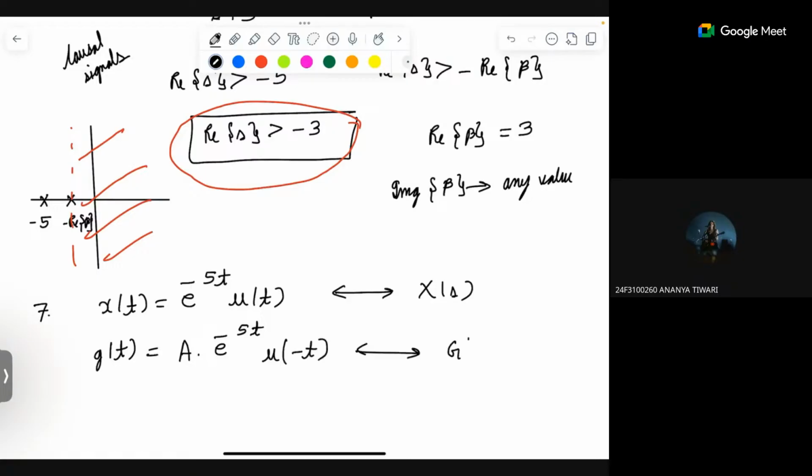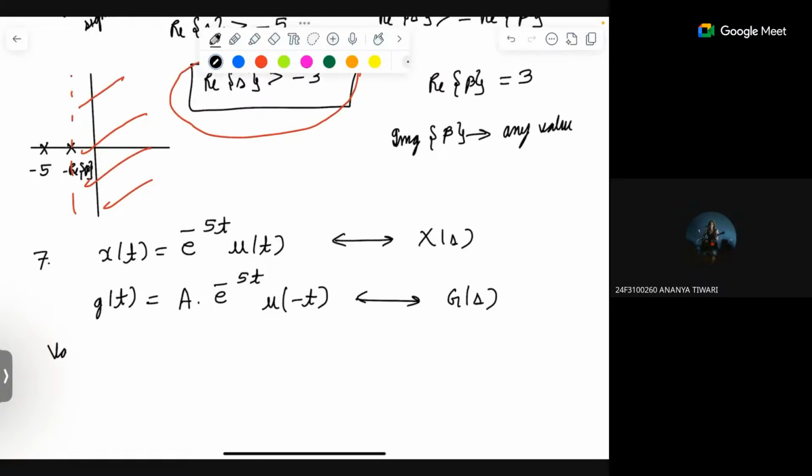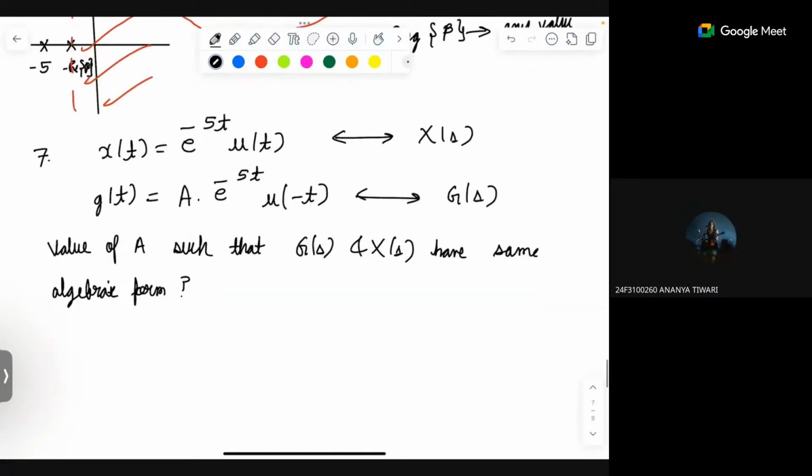Let the Laplace transform of this be G(s). You have to tell me the value of capital A such that G(s) and X(s) have the same algebraic form. Is the question clear? Yes, ma'am.